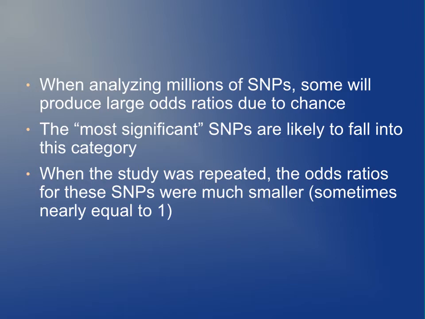And if you look at the margin of error associated with the estimate, the true value is likely to be on the low side. When they tried to replicate these studies, some of the SNPs couldn't be reproduced at all, and the ones that were reproduced had much smaller effect sizes than what was observed in the larger studies.